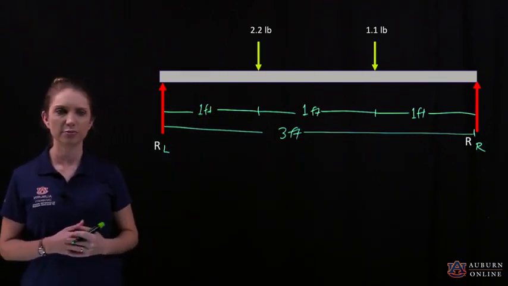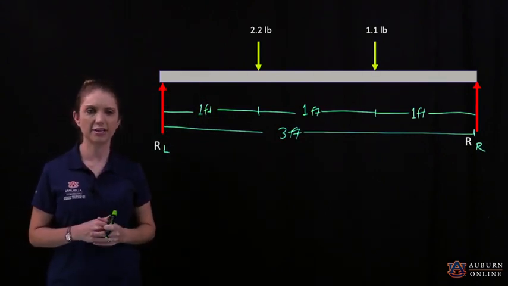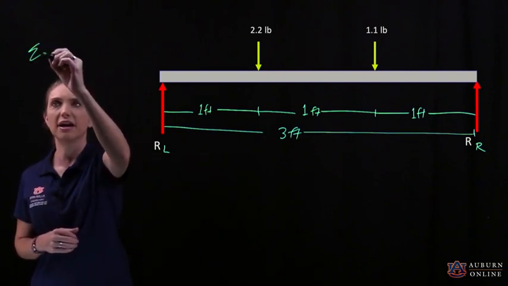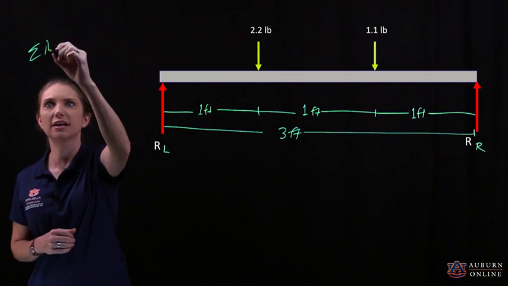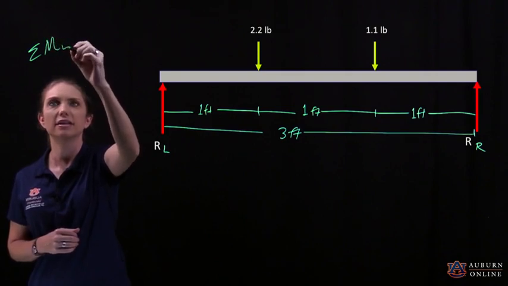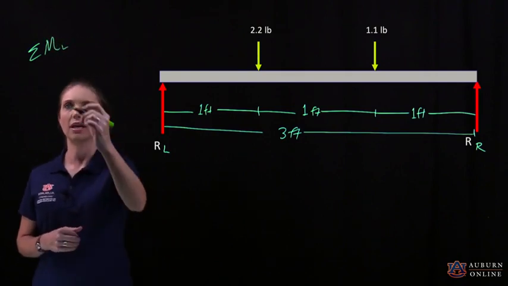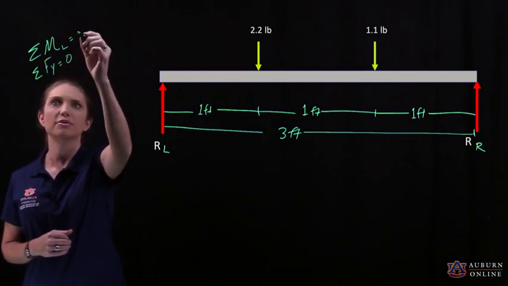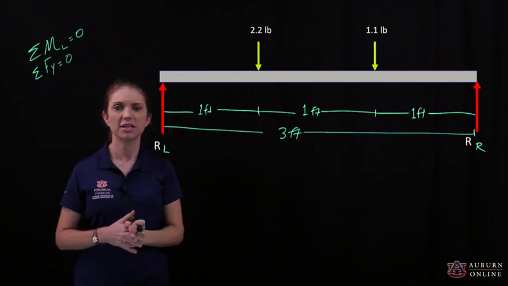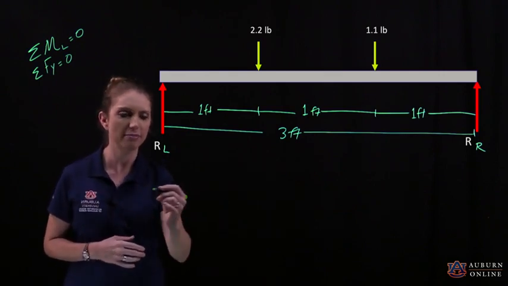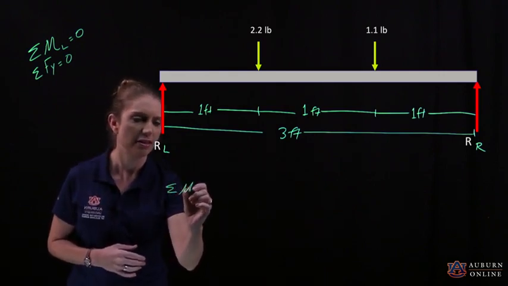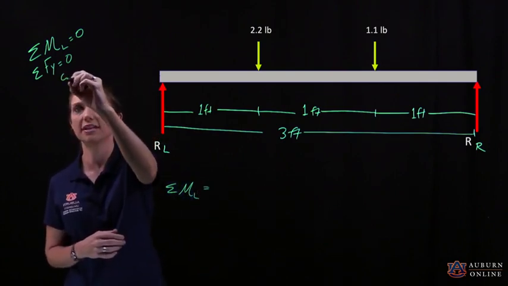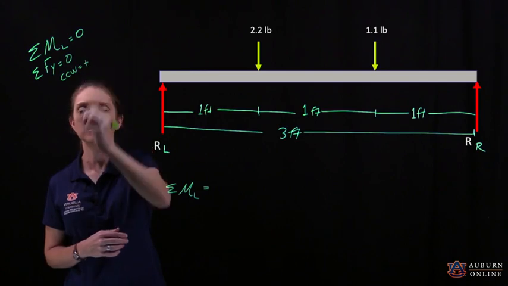So to solve for the support reactions, we will start by taking the moments about any point, but typically I'll take the moments about the left-hand support, and we can sum the forces in the y direction, set both of those equal to 0, assuming this beam is in equilibrium.